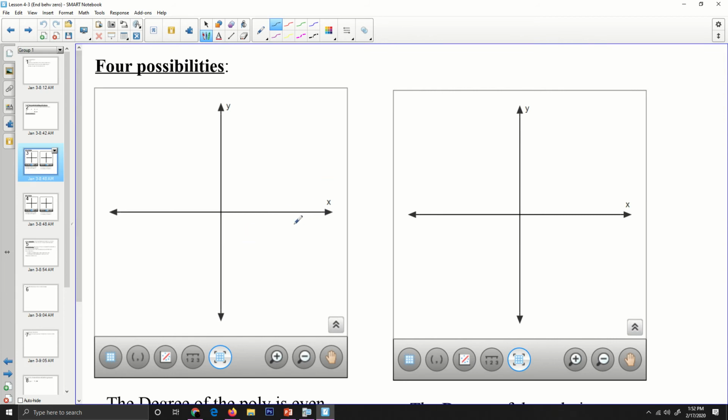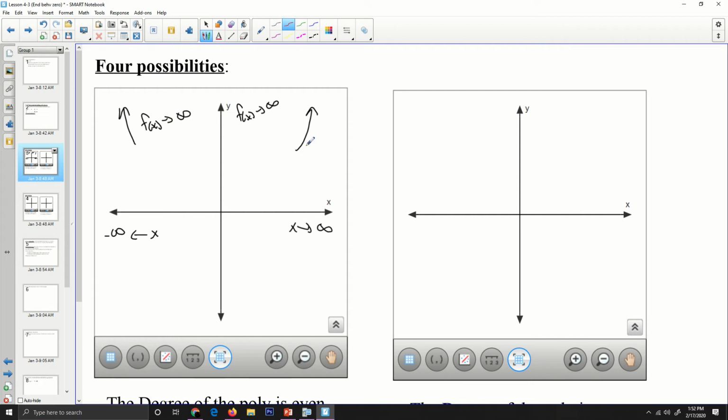We know that as x goes to positive infinity, the function is going to go up. f of x goes to positive infinity. And as x goes to negative infinity, that function f of x is also going to go up. f of x also goes to positive infinity.